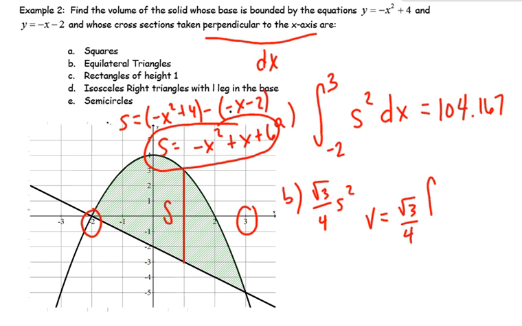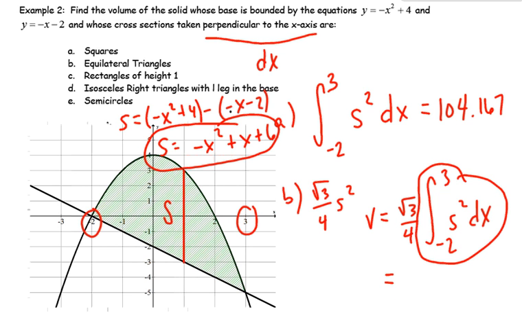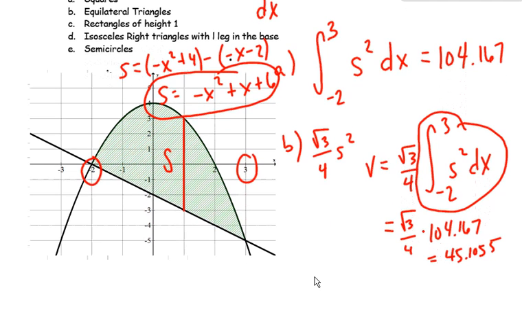So this would be √3/4 times the integral from -2 to 3 of s squared dx. Since I've already evaluated this in part A, all I would have to do is say that's √3/4 times 104.167, which is 45.1055.